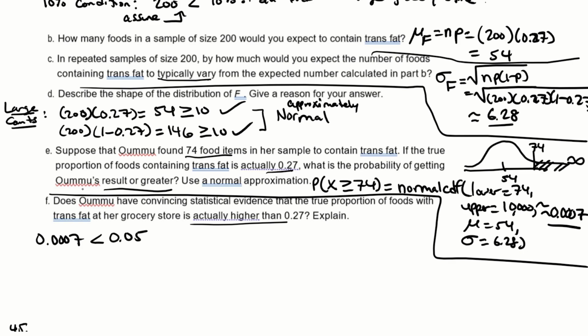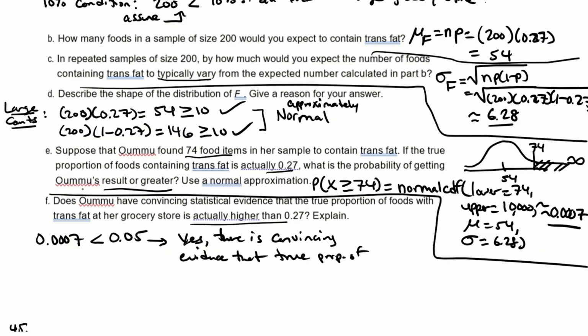So yes, there is convincing evidence that the true proportion of foods with trans fat is higher than 0.27. Okay? All right, so there you go.